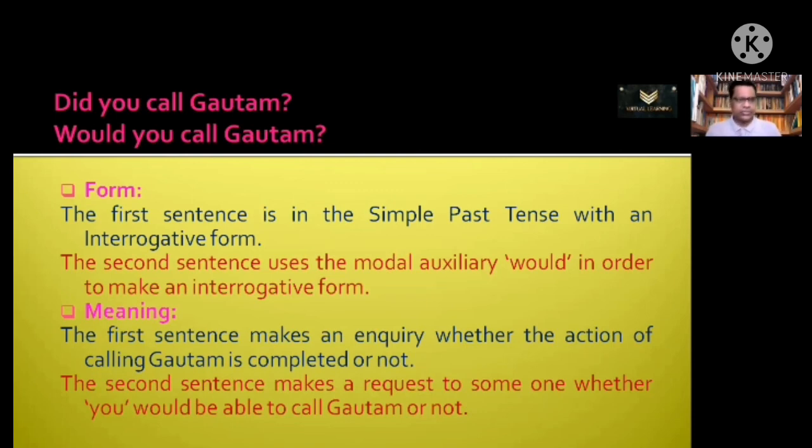Maybe my mobile is not functioning, I'm out of coverage area, or else I'm not carrying my mobile with me. So I'll just request you, would you call Gautam? So this way I'm making a request to someone whether he or she could call Gautam on my behalf. So these are the differences in the meaning the moment the form is changed.